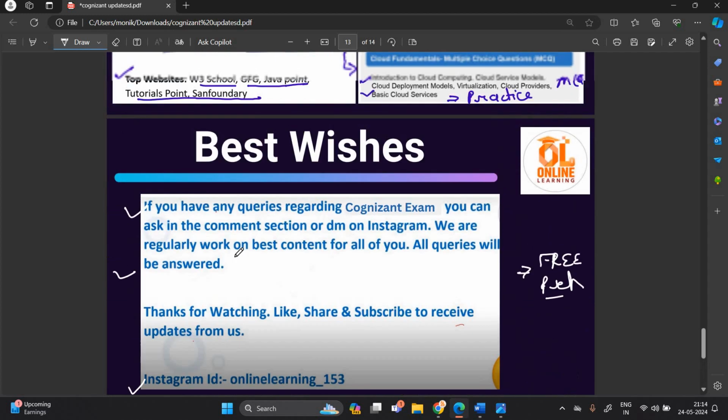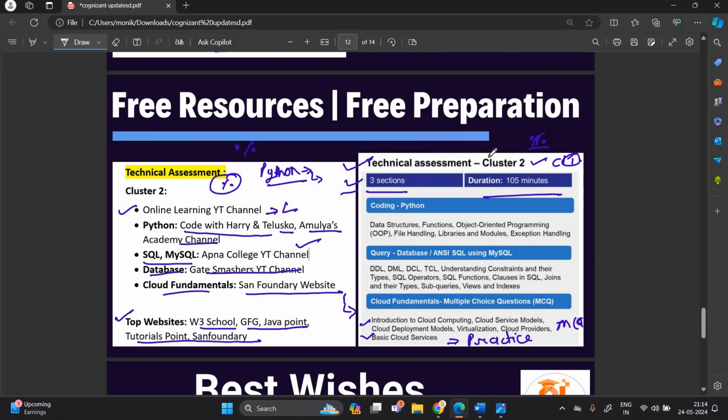We have to discuss the technical assessment cluster 1 and cluster 2. This is the complete syllabus of cluster 1 and cluster 2. Query related database, ANSI SQL using MySQL. So query related questions will be asked.